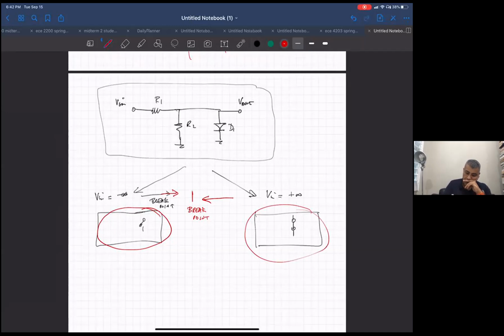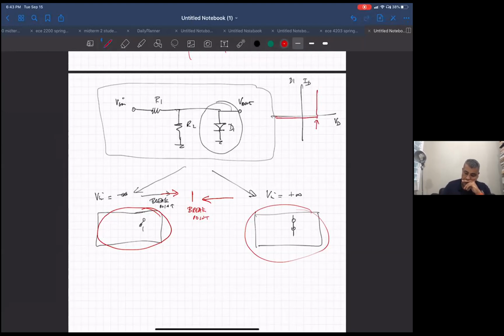We know the breakpoint is right at the point where this diode D1, its ID versus VD characteristic, turns on.